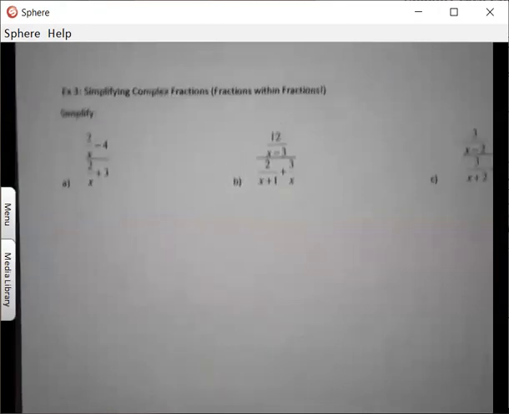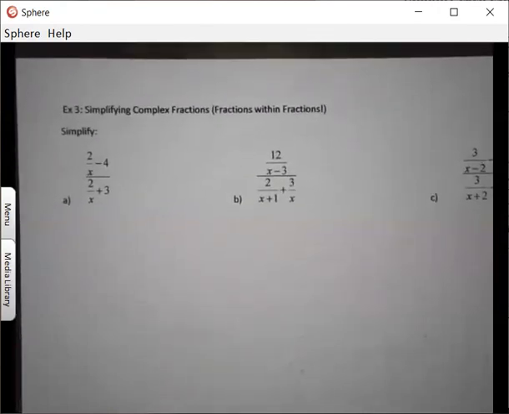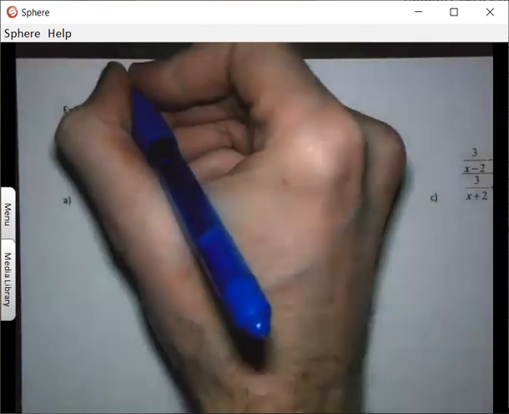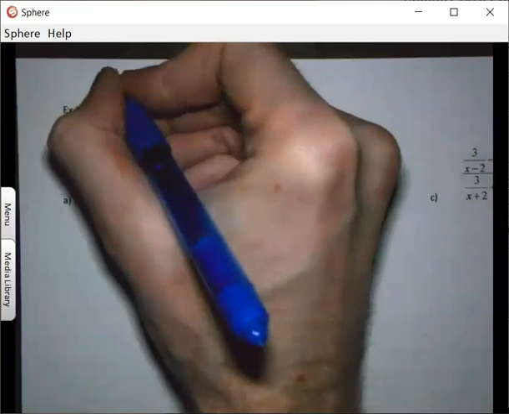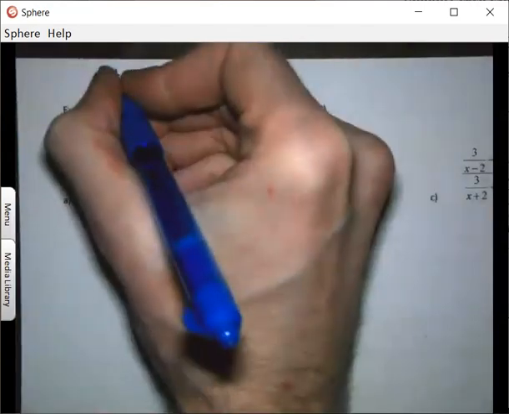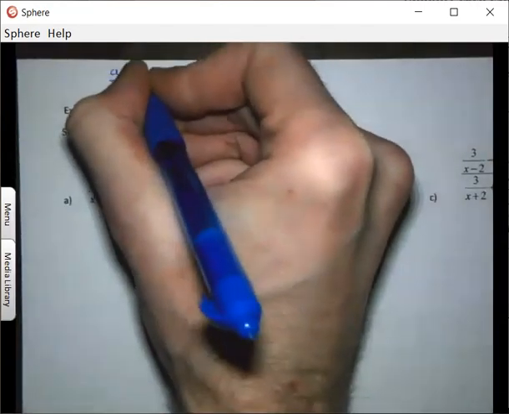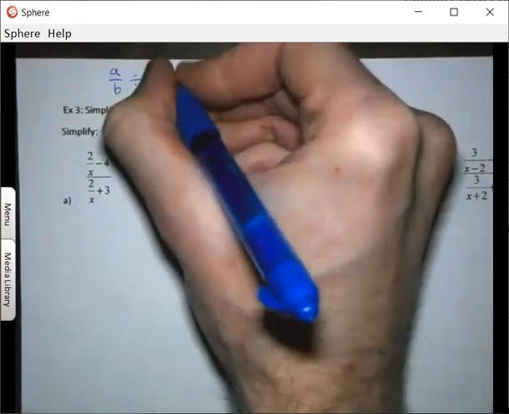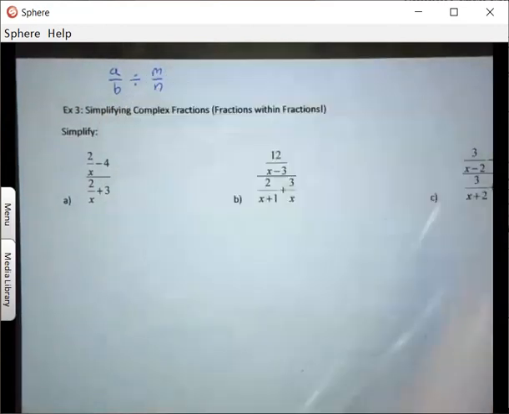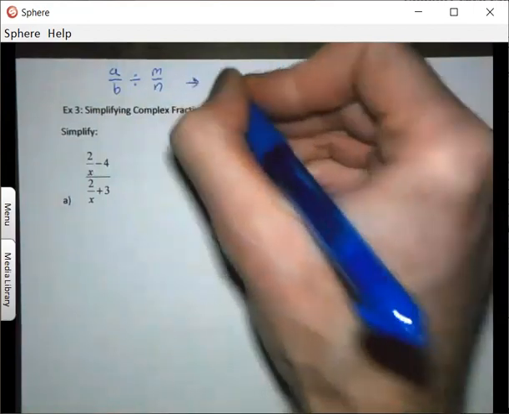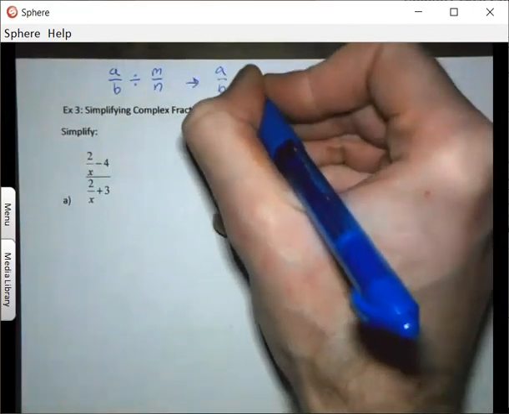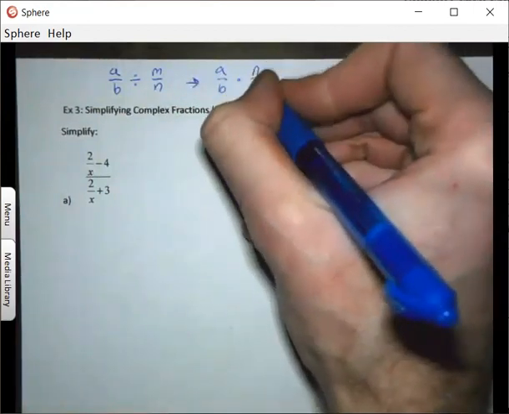So this is probably something you've seen in Algebra 1. So if we have, say, a over b divided by m over n, you've probably heard stay, change, flip.